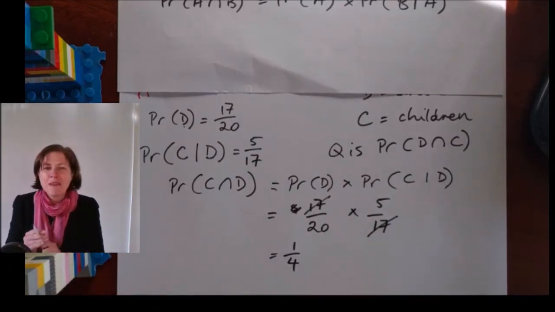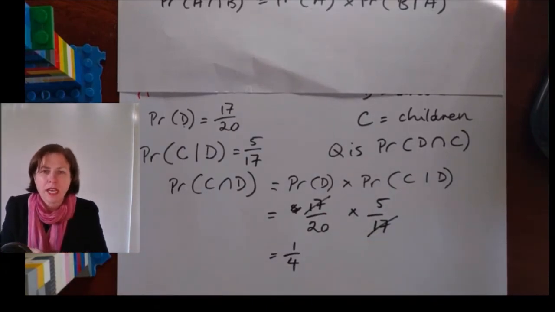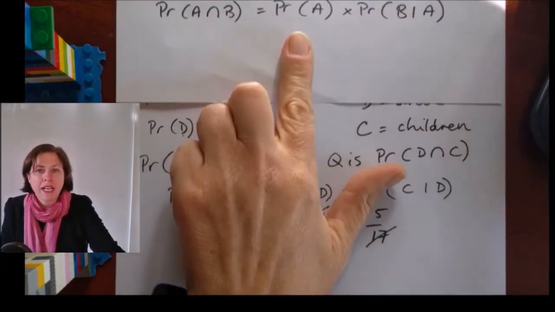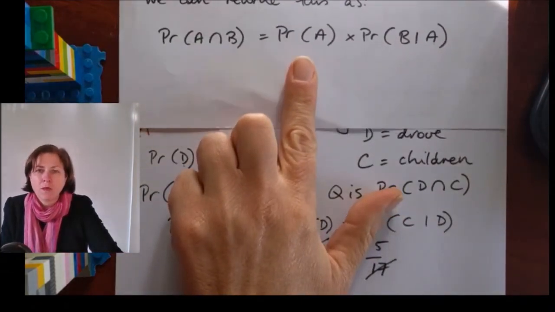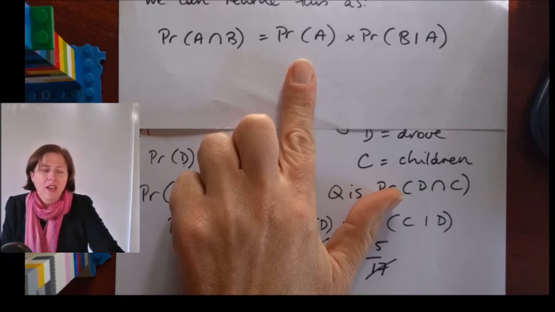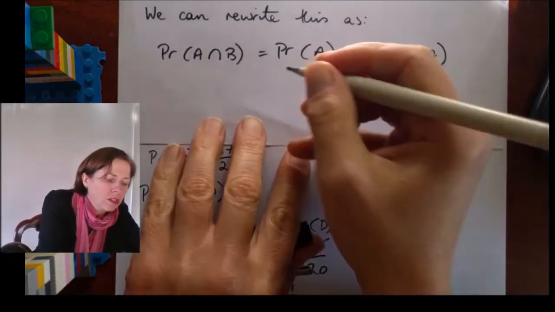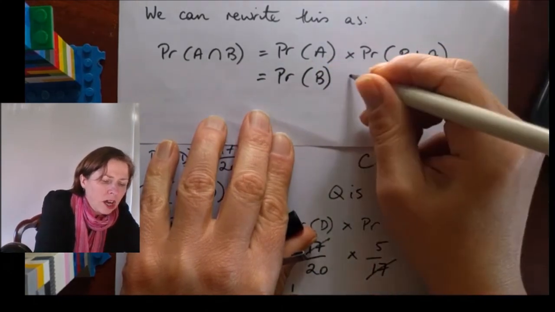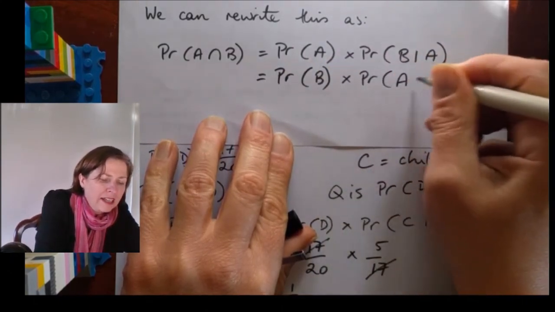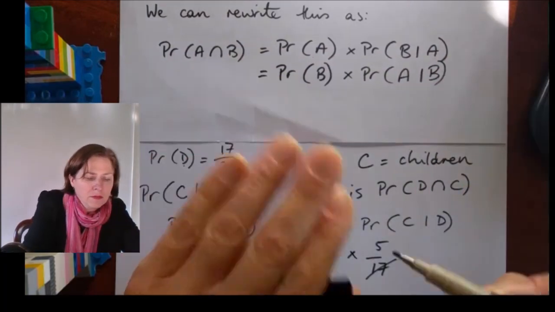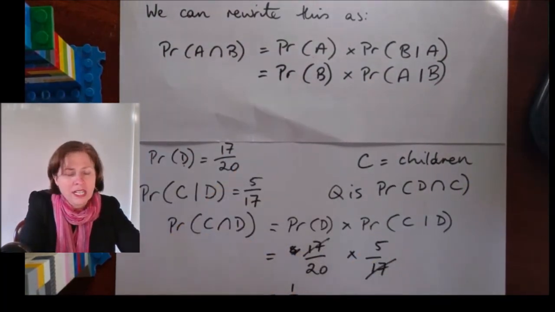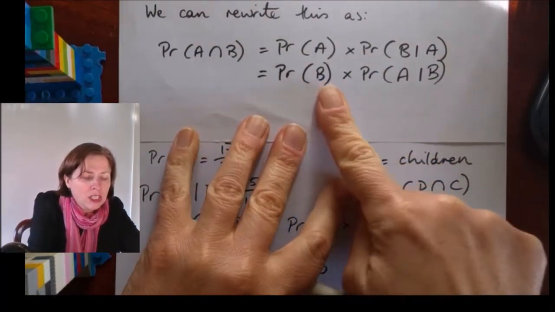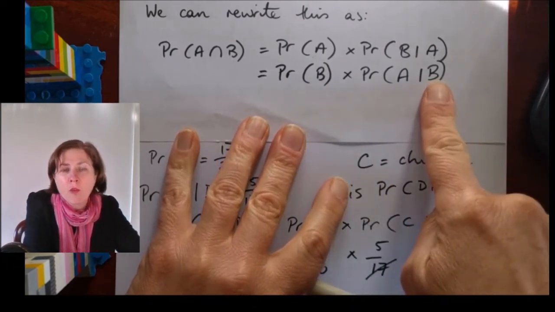Now, it doesn't matter whether I can visualize this in my head. I just need to go back to the formula and use the formula the way it's written. Now, can I point out that I could also write this as the probability of B times the probability of A given B. Doesn't matter which one I've got, as long as this matches the second part, the thing that we're given.